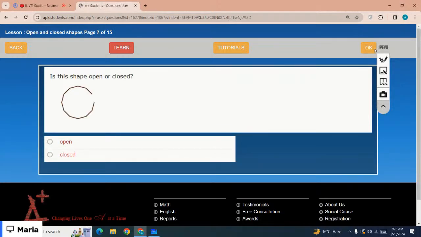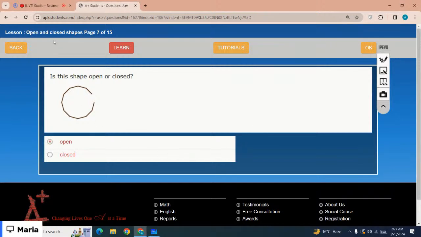Is this shape open or closed? The correct option is open, right?